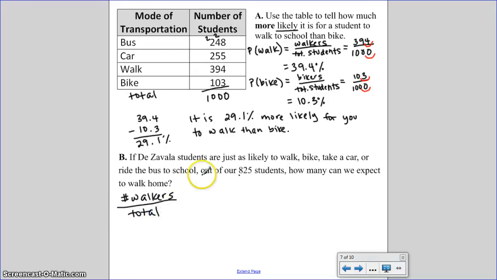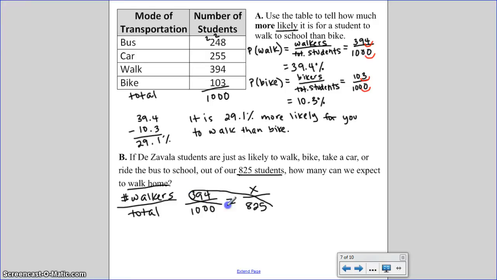So we know from up here that the number of walkers from this other school, 394 out of 1,000, well, we want to know how many walk home, how many walk out of 825 students total. So now all we really have to do is set up this proportion box. And remember, I always want you to set up an equation.